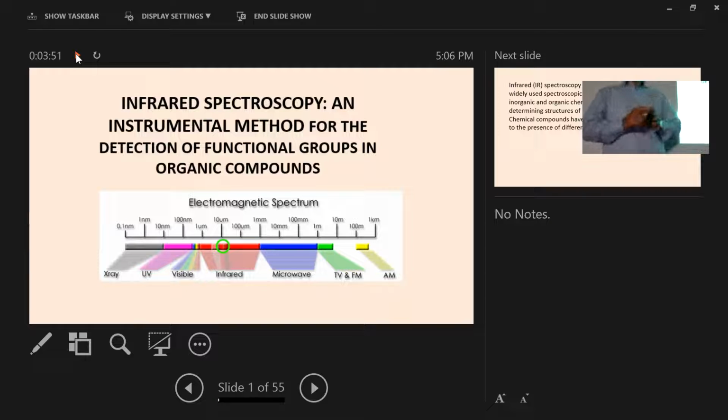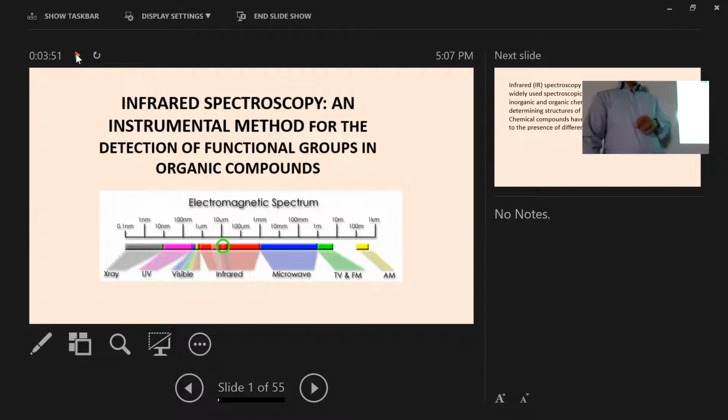So for infrared rays, the wavelength is longer, therefore the energy is lower, and the frequency is also lower. Previously we gave energy in this region, which is quite high energy. If we give high energy, we can excite the molecule from ground state to excited state.